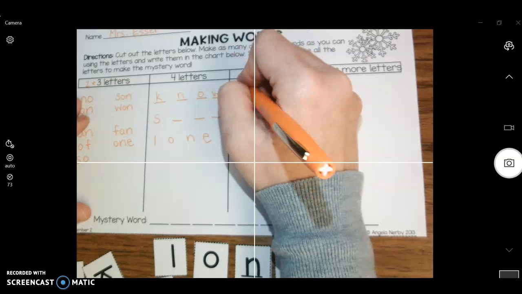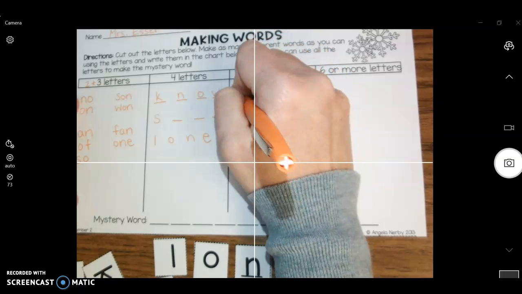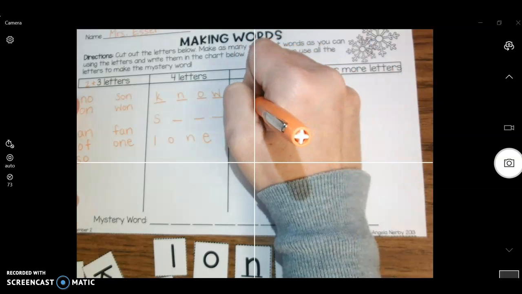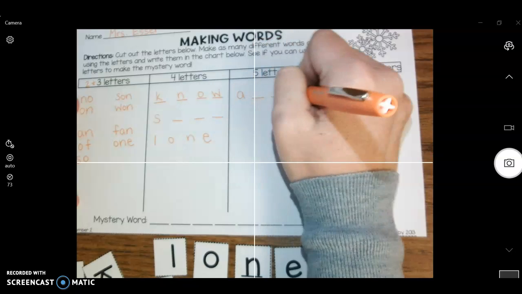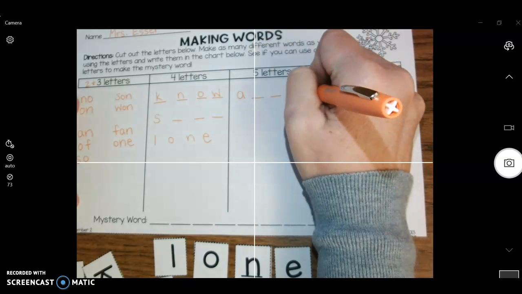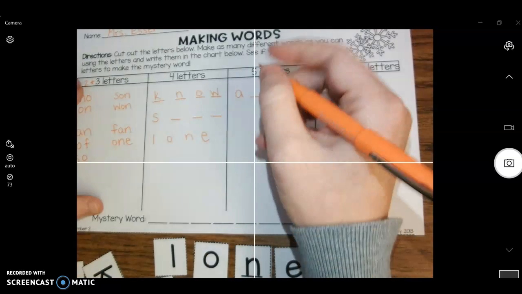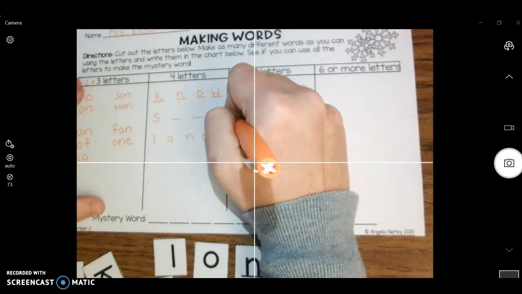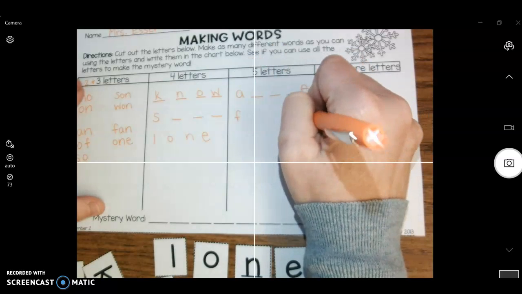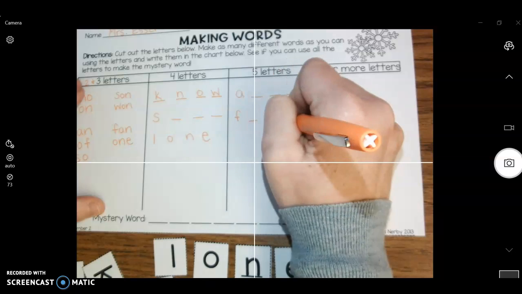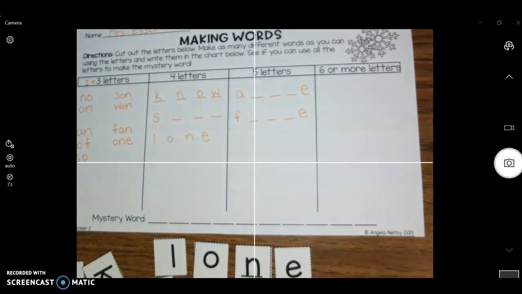One would start with the letter A, 1, 2, 3, 4, and the last letter is E. Can you figure out that word? Another word starts with the letter F, and it also ends with the letter E. See if you can figure that one out.